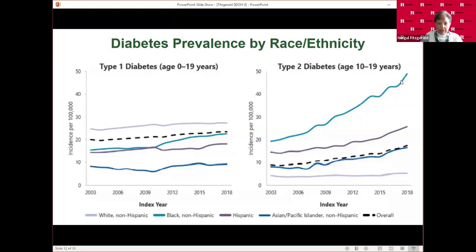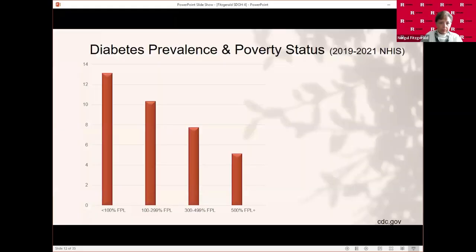This teal colored line among 10 to 19 years old people for type 2 diabetes prevalence is the non-Hispanic Black population. So we definitely see these in different age groups, both children, youth, and adults.